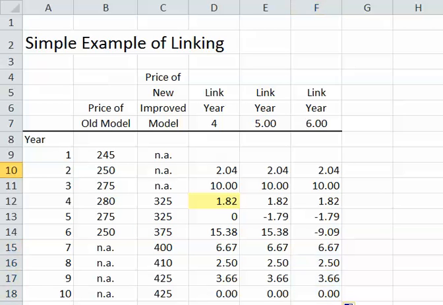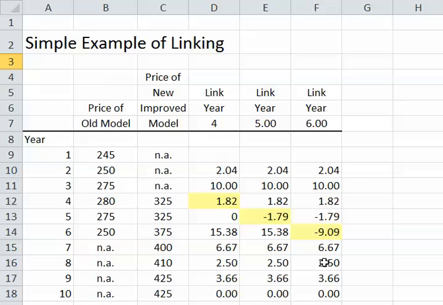Okay, there you go. So notice that the linking years are all different. Year 4, year 5, and year 6. And it causes the amount of inflation that's measured to be quite different.